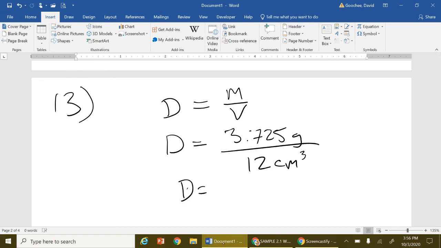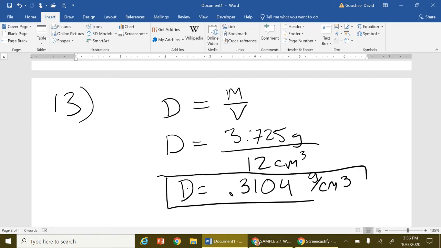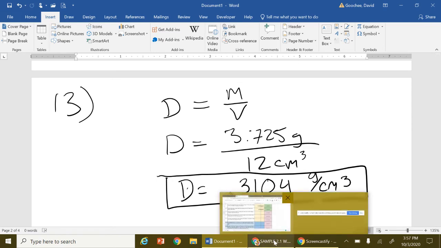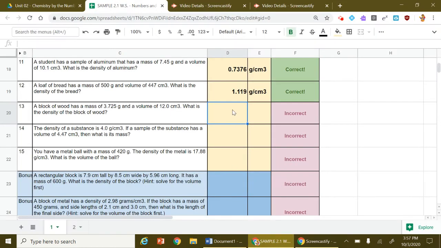So 3.725 divided by 12, and we get 0.3104. And the units, once again, since we took grams for mass and divided it by cubic centimeters, are grams over cubic centimeters. So the answer is 0.3104. Let's double check.